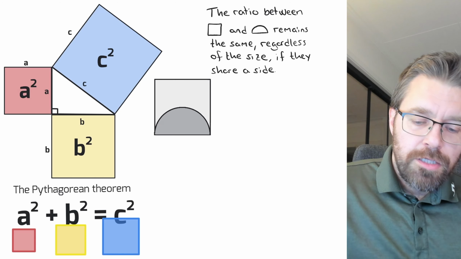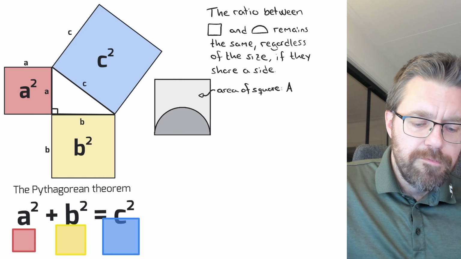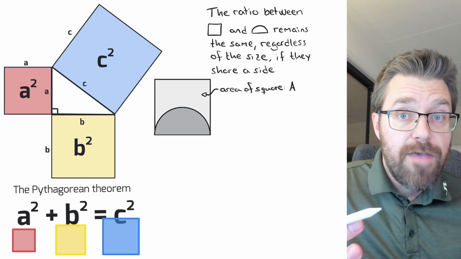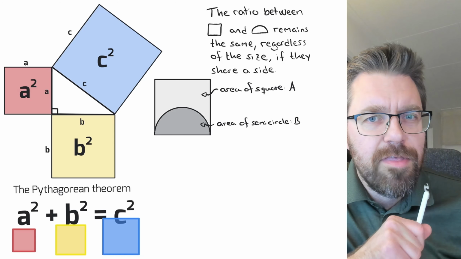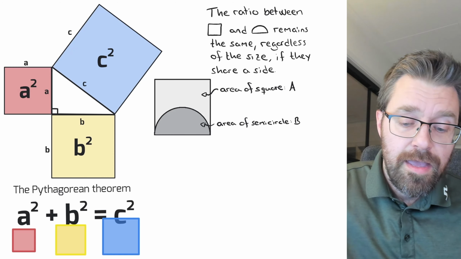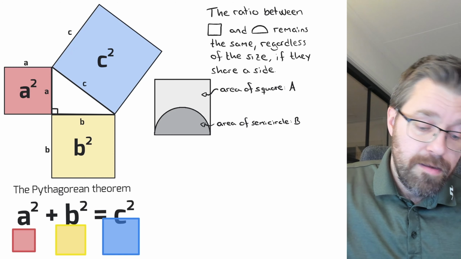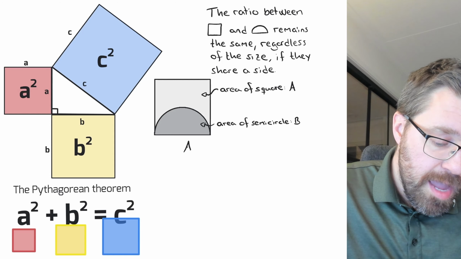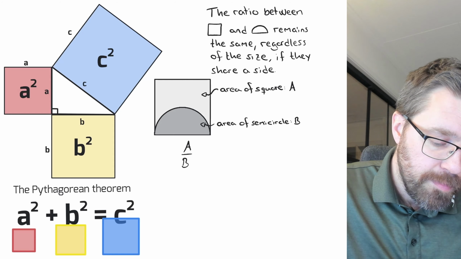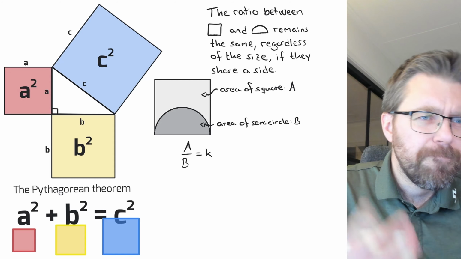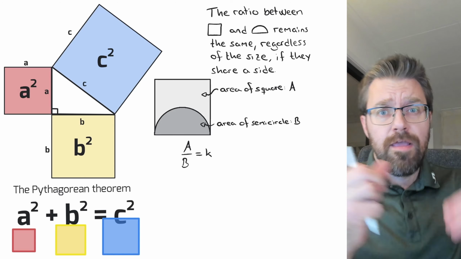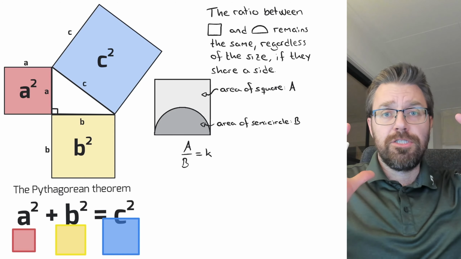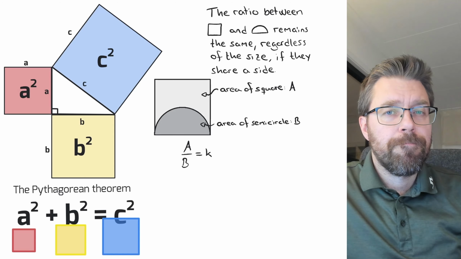So, you can say that the whole square has an area of A, the semicircle has the area of B, and then I can say that A divided by B equals k. And k is a number, and it is the same number if I draw the picture big or small.